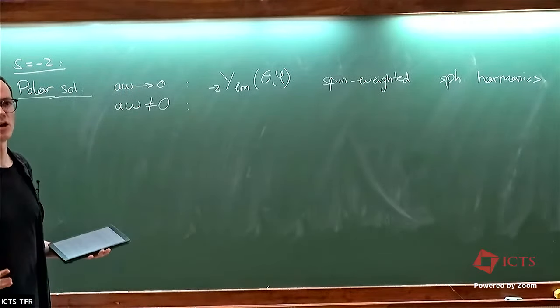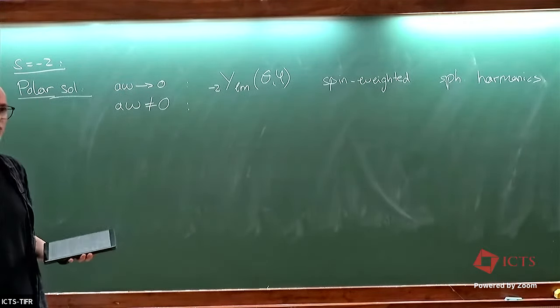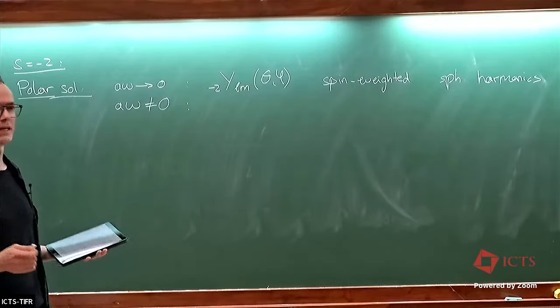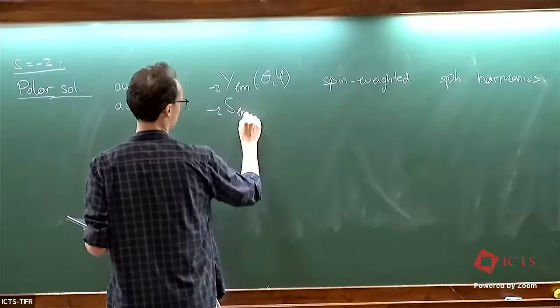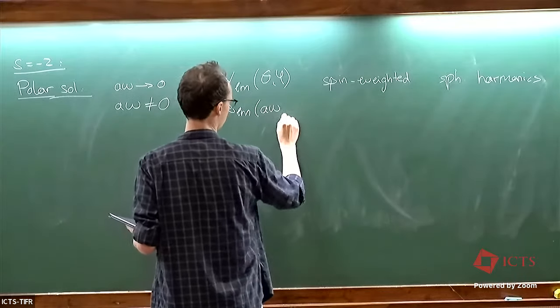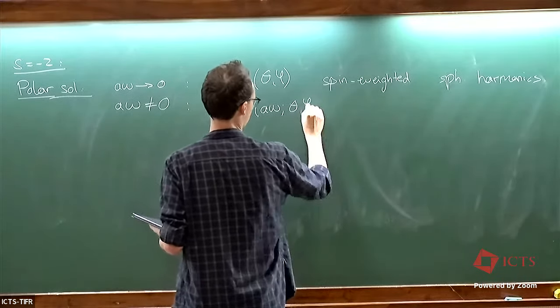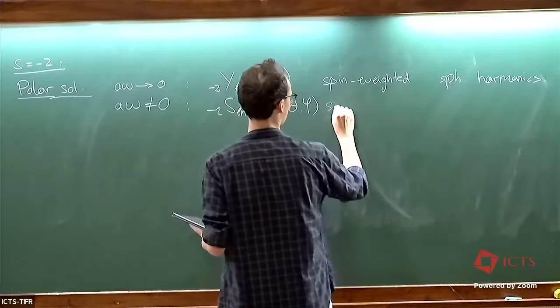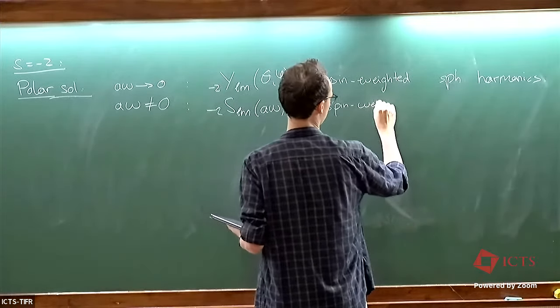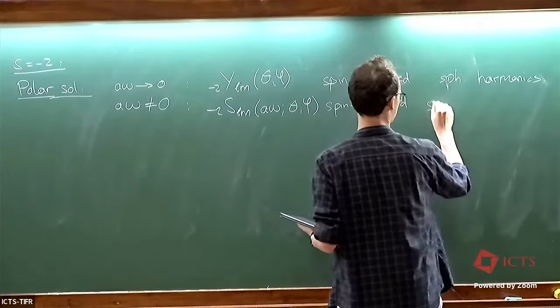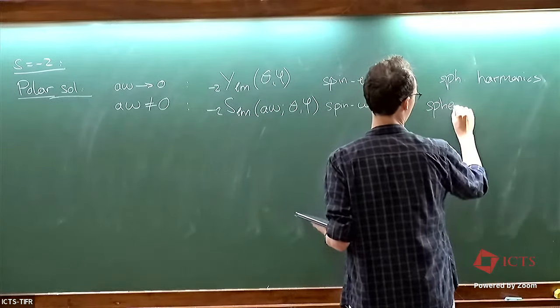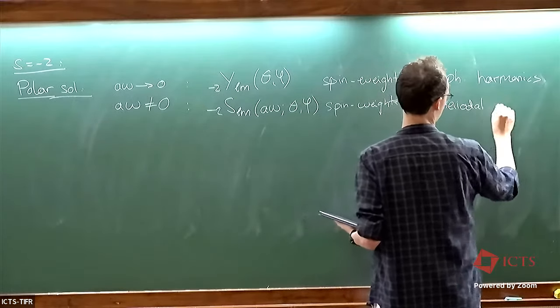But for non-zero a omega, it will be some deformation away from that limit, okay? And I'm going to note them by S. And in general, they depend on this combination. And so these are called the spin-weighted spheroidal harmonics.